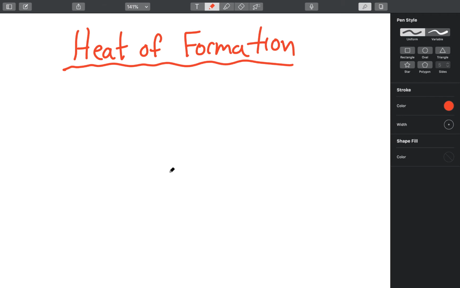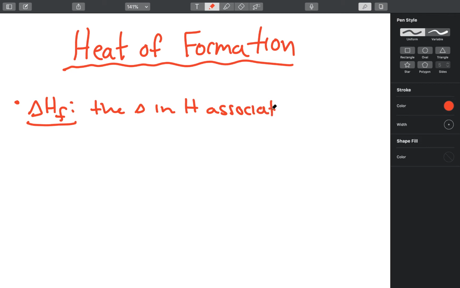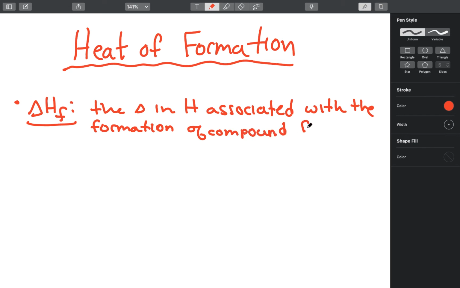So what is the heat of formation, or enthalpy of formation? Well, the heat of formation is first of all given this symbol, and the heat of formation is the change in enthalpy associated with the formation of a compound from its constituent elements.